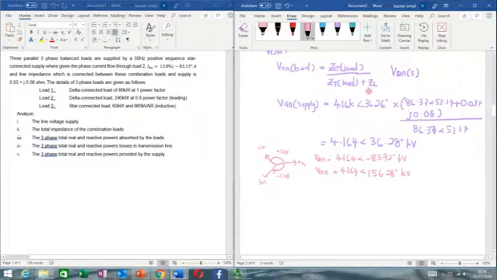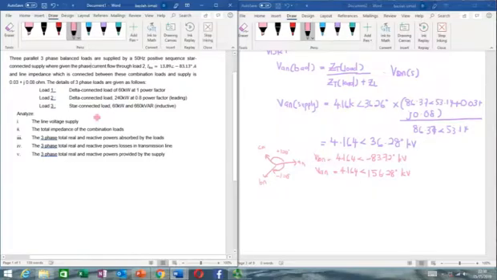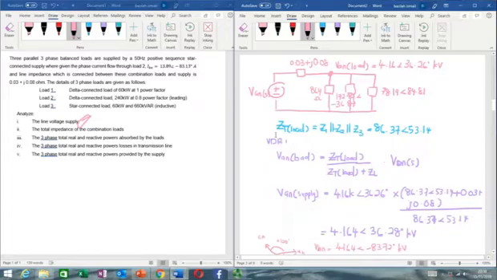Alright, so next, now we already calculated the supply voltage. For the total impedance of the combination load, I think we already calculated that. This one is the total impedance of the combination loads.